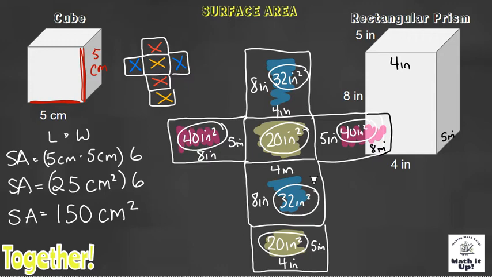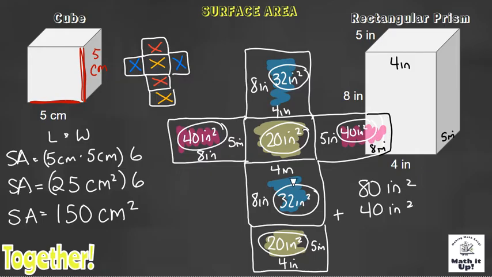So now it's just a matter of putting this all together. We can try to do this a little more quickly by adding up sides. So we have 2 40s, that's 80 inches squared. And then to that, we're going to add 2 20s, so that's 40 inches squared.